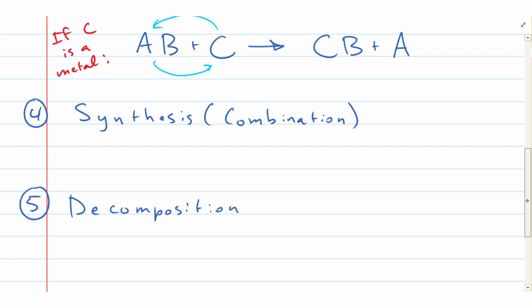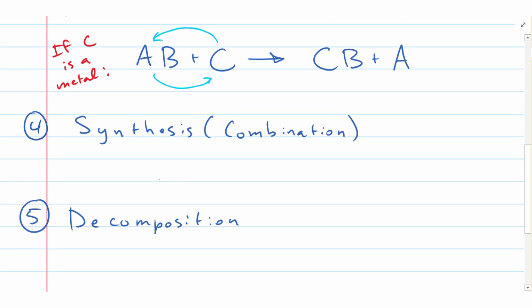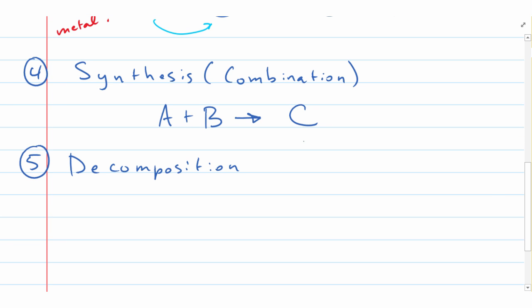Synthesis reactions, these are probably the easiest ones to do. In a synthesis reaction, what happens is we have two or more reactants, and we have a single product. We usually write it like this: A plus B makes AB.